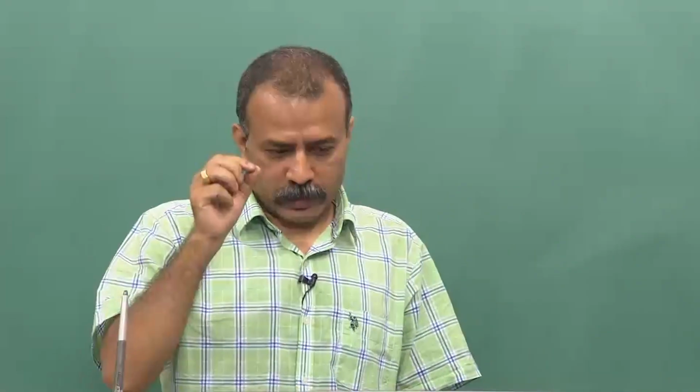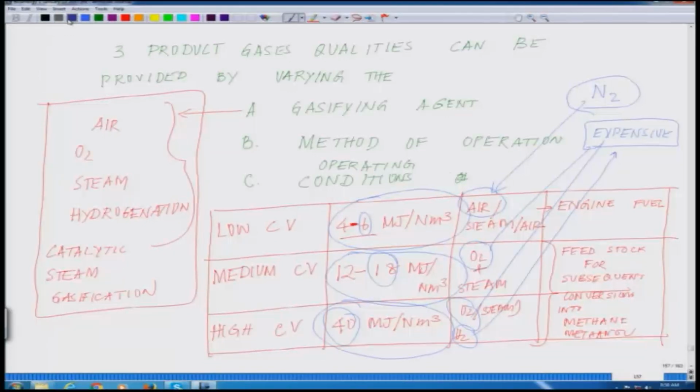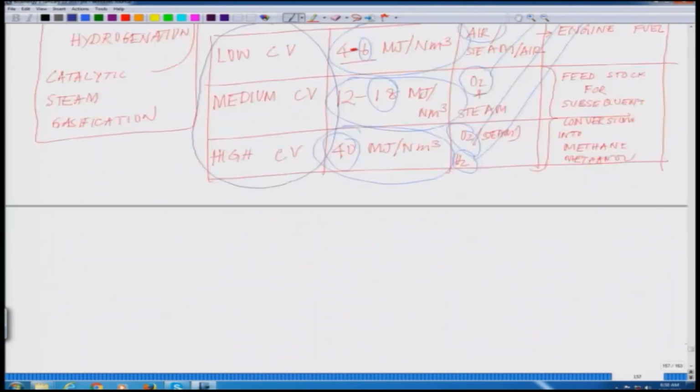And now, this is the really eye catcher if you look at it. If we compare these three values with natural gas, here is the number. For the natural gas, I am just keeping for you all the three values. The calorific value, CV stands for calorific value, of the natural gas is 36 megajoule per Newton meter cube.